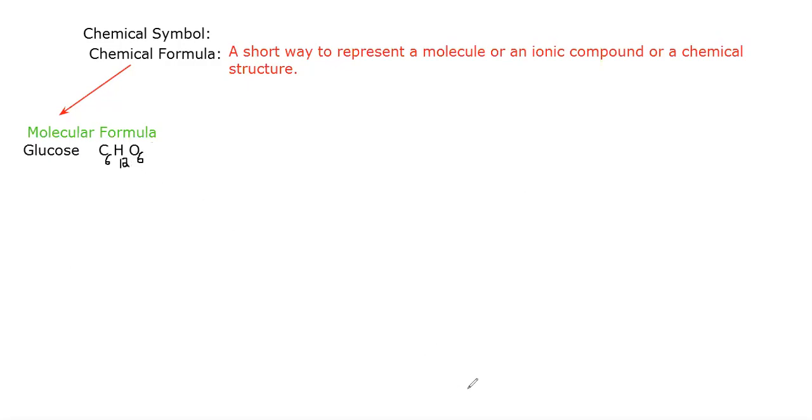C6H12O6. Now, what kind of information can you obtain from that molecular formula of glucose? You can tell how many carbons, how many hydrogens, and how many oxygens one glucose molecule has. Yeah, definitely right.